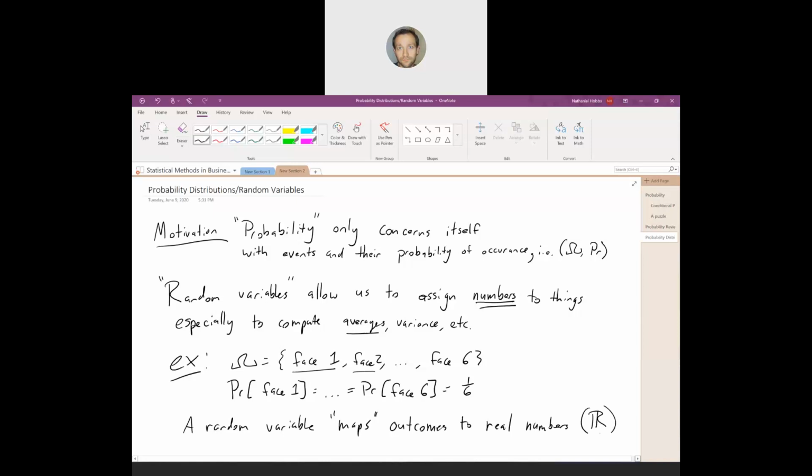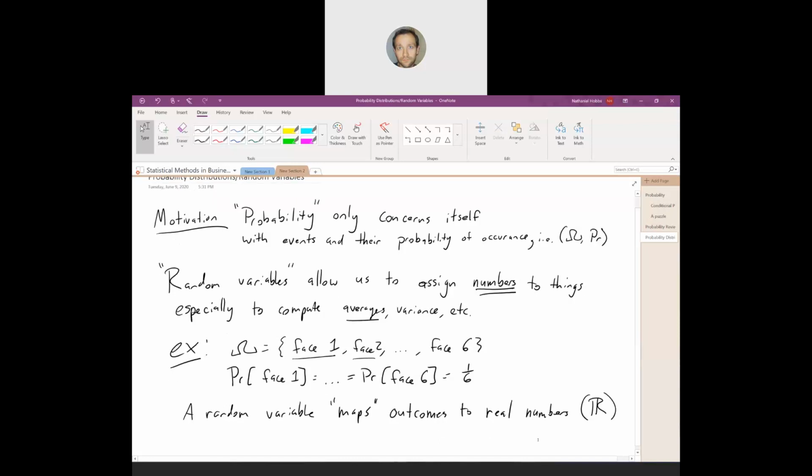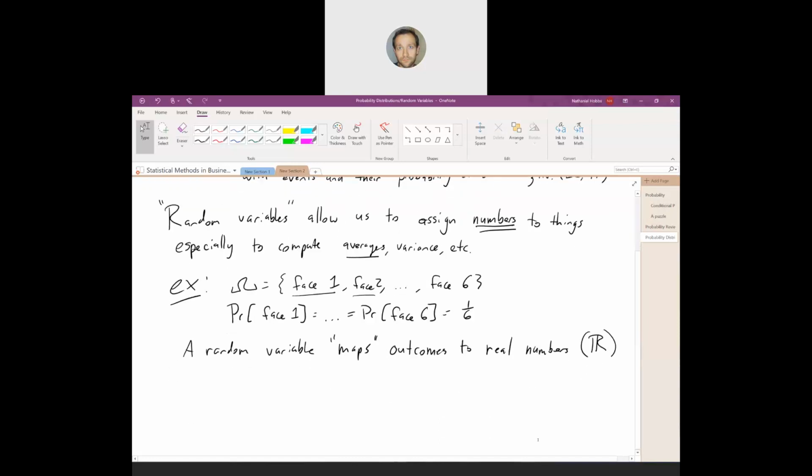That's represented by this R, this thick-looking R. E.g., I'll call this random variable die.